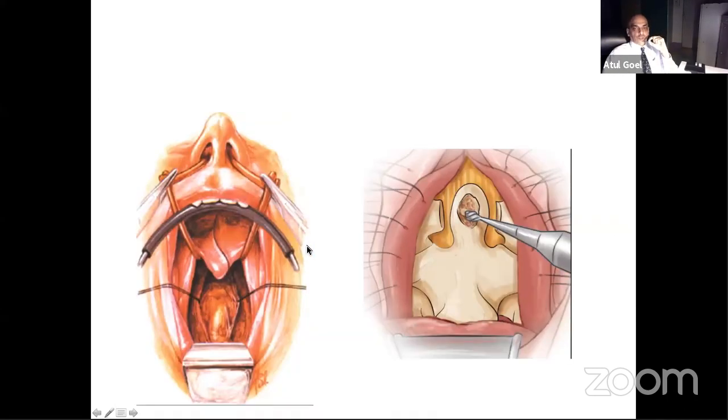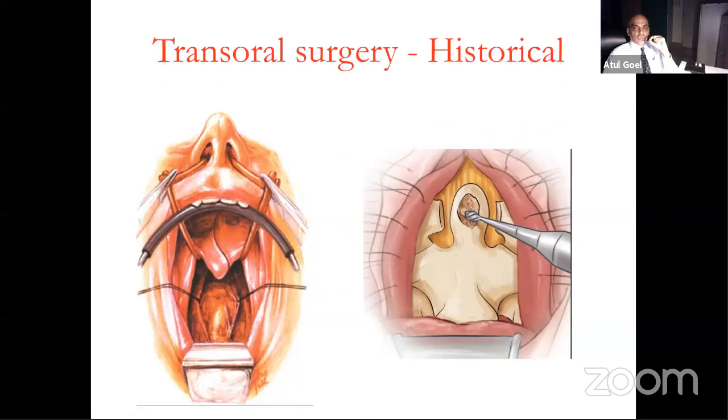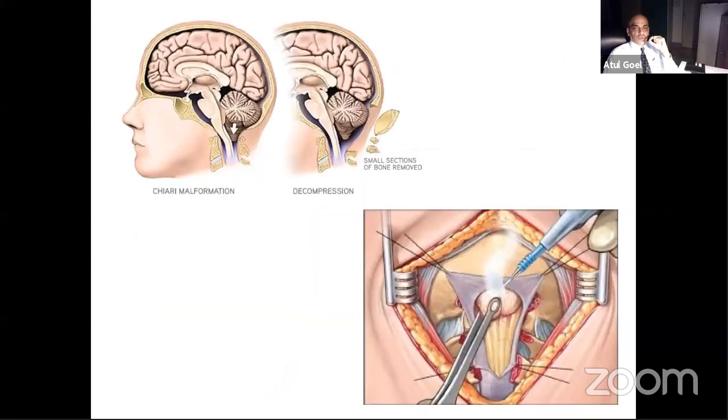So in my story now, transoral surgery is completely historical in our subject of neurosurgery. There is no indication other than tumors. Tumors, of course, are a different situation. Chiari malformation, you see, nobody in the world knows how to treat Chiari malformation.